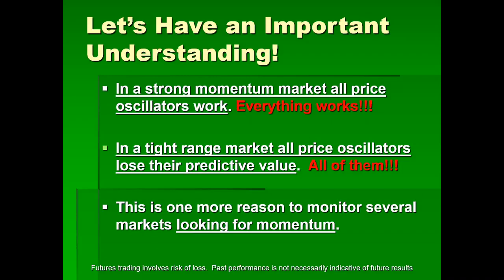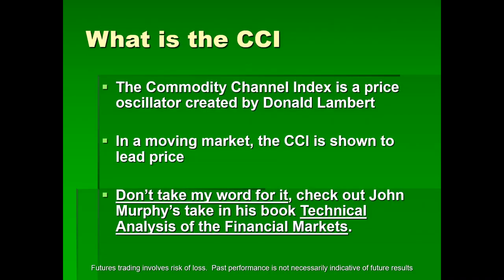And the people that sell those are never going to show you what happens in a tight range market, because they just lose their predictive value. When we know this, when we accept this, then we understand more to the point that we must monitor several markets looking for momentum.